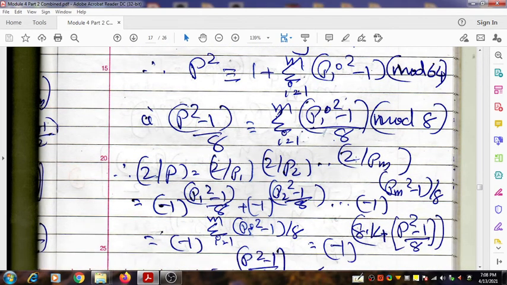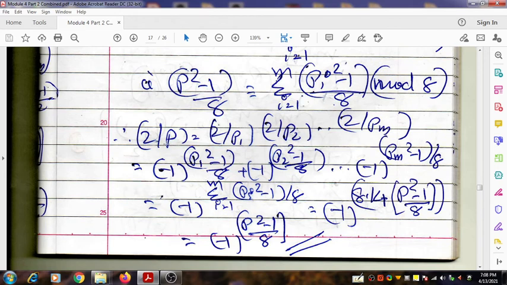Then we consider (2/p) equal to (2/p_1) into (2/p_2) into etc. to (2/p_m), referring to that product representation of p.